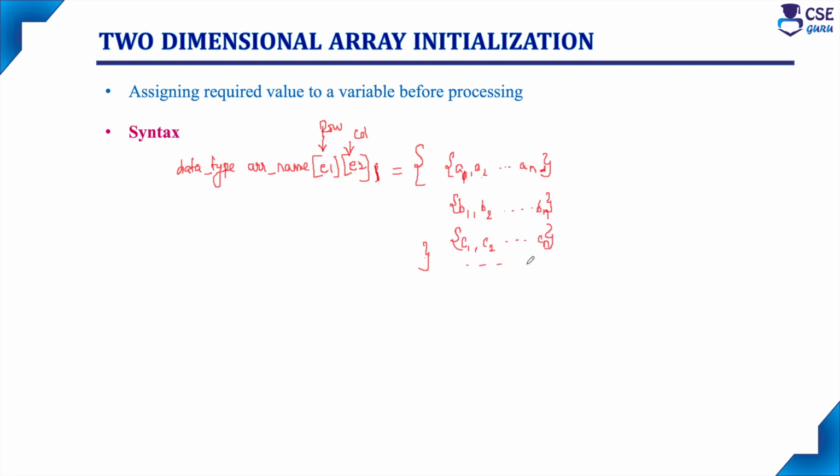Likewise, we can specify any number of elements within this set according to the size allocated. So, this is the syntax to initialize two-dimensional array values. Each row should be separated by a comma. If it is the last row, a comma is not required. At last, it has to end with a semicolon. So, this is the syntax for two-dimensional array initialization.